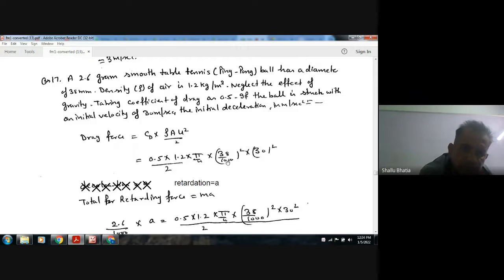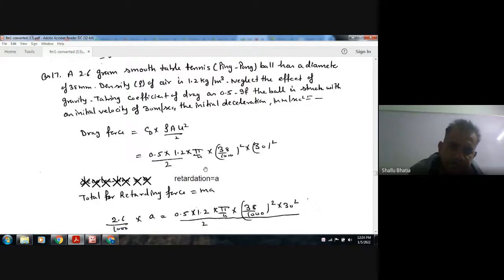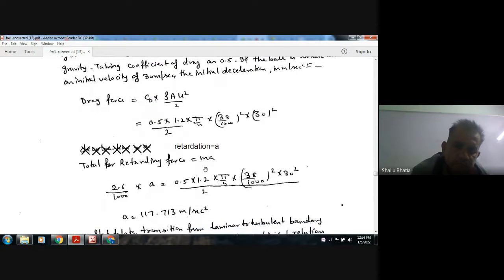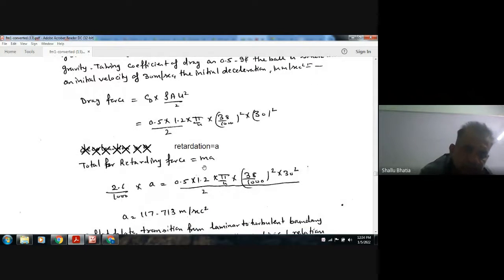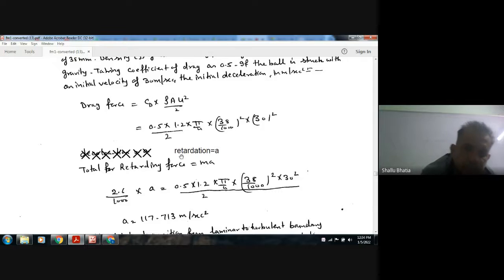So putting this, we get the drag force. Now let a be the retardation or deceleration. So the total retarding force, or inertia force, will be m a. As all of the retardation is done by the drag force, we have to equate this force to the drag force and then find the acceleration.